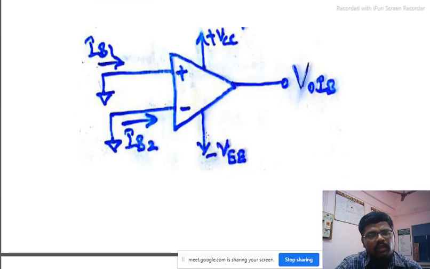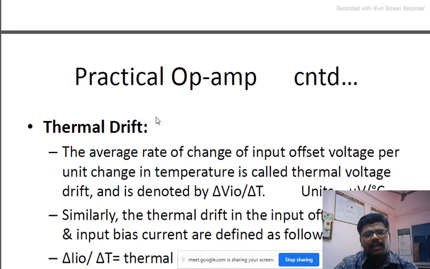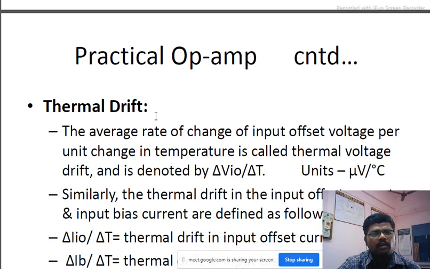This is the input bias current circuit diagram, with IB1 and IB2, one inverting and the other non-inverting. It can be represented like this. Next one is the thermal drift.